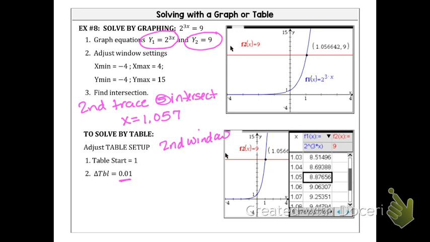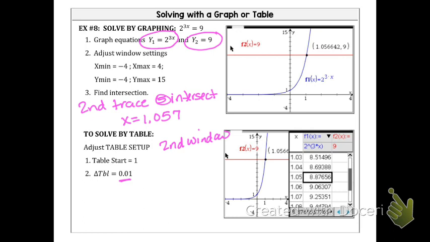Do your table start at 1, and then your change in the table is how do you want to see those x's? Do you want to see 1.1, 1.2, 1.3, 1.4? In that case, you would do a change in the table of 0.1. If you want to see 1.01, 1.02, 1.03, you do a change in the table of 0.01.